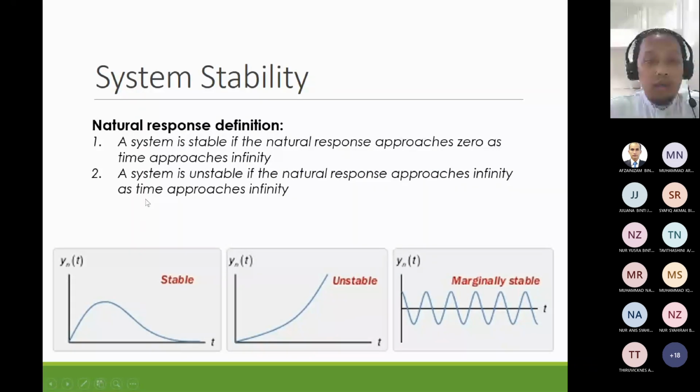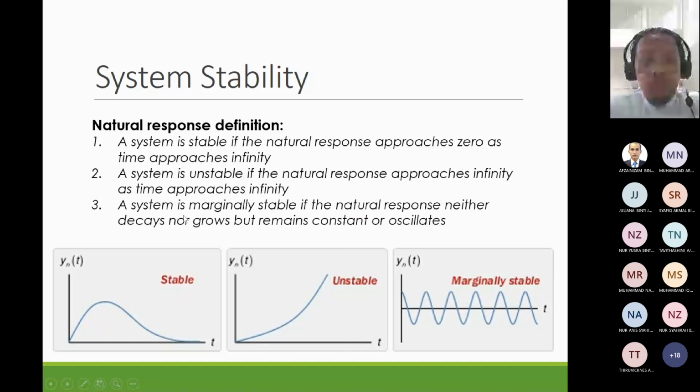For an unstable system, the time response approaches infinity as the time approaches infinity. Figure 2 here, the middle figure, illustrates how an unstable system behaves. The time response increases, or becomes infinity, when the time approaches infinity.